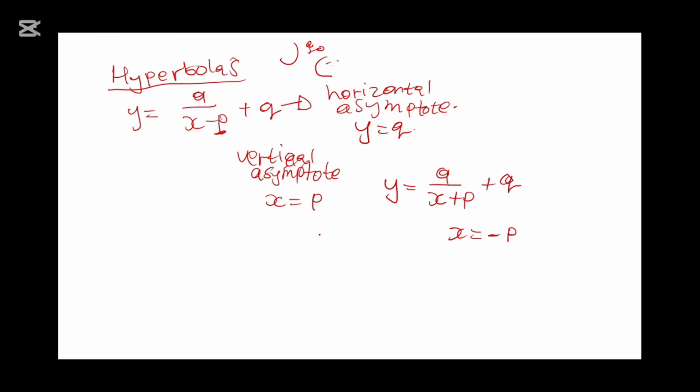This x equals p is the asymptote that you're going to draw on the graph.